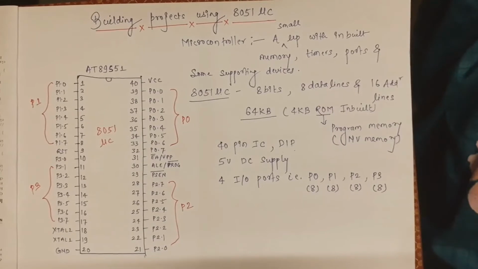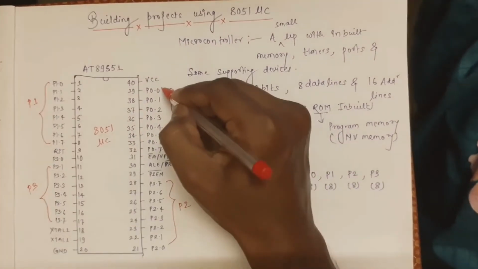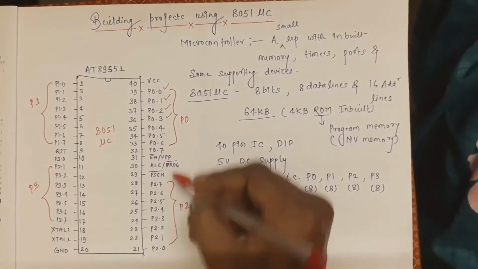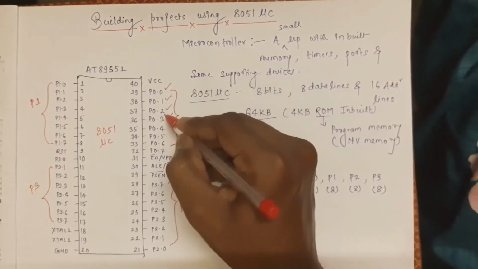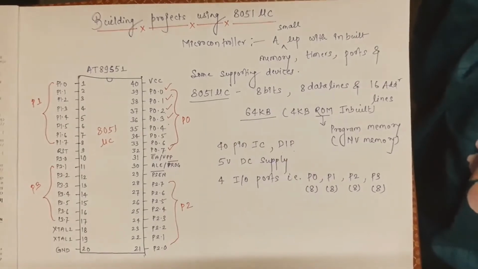In the pin diagram you can see each and every port has 8 IO pins. For example, in case of port 0, we have port 0.0, port 0.1, port 0.2, port 0.3 till port 0.7.